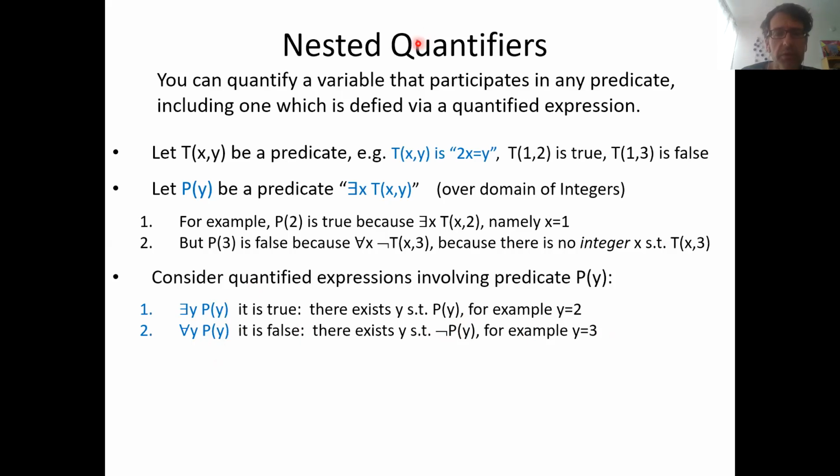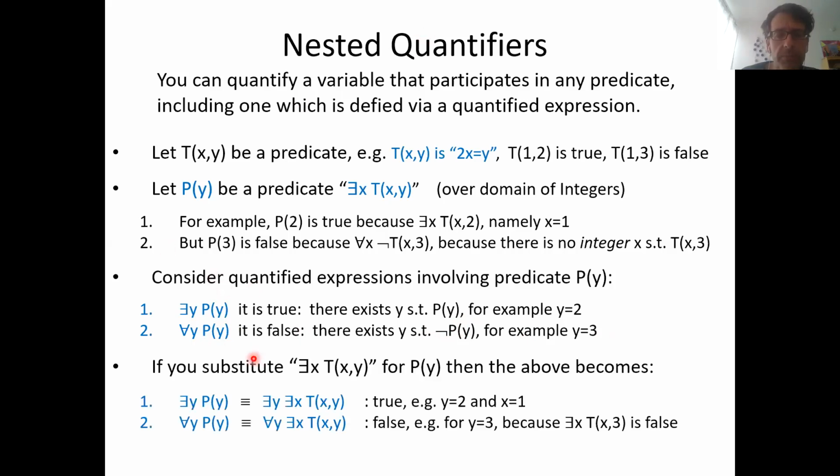And now there is a nested quantifier, because look, how did I define P of y? I define it this way. So I could rewrite this, there exists y such that P of y, as the following statement. There exists a y such that, and now I substitute what P of y was, and P of y was a quantified statement itself. So there exists a y such that there exists an x such that T of x,y. In other words, there exists a y such that there exists an x such that y is a double of x.